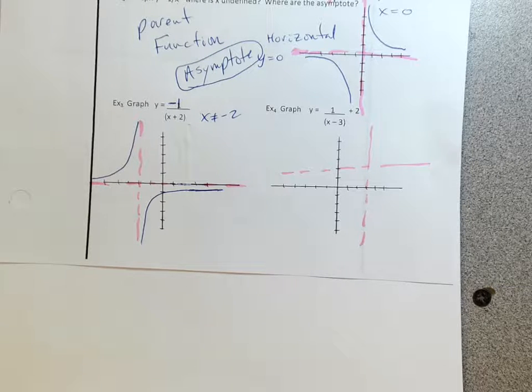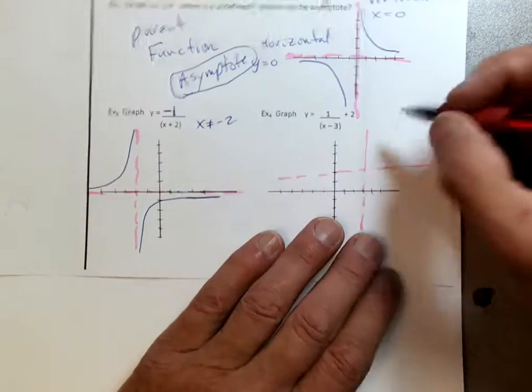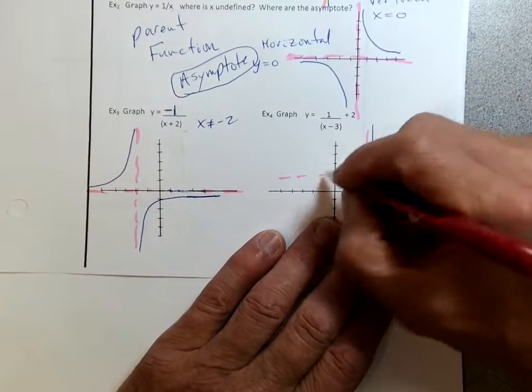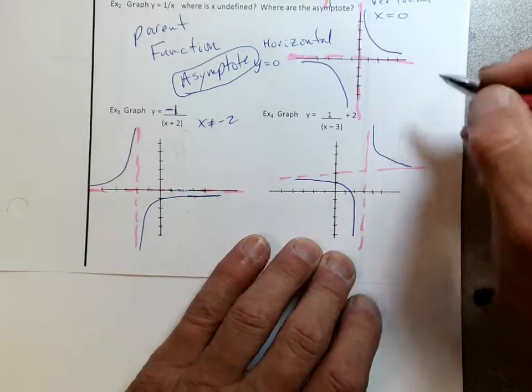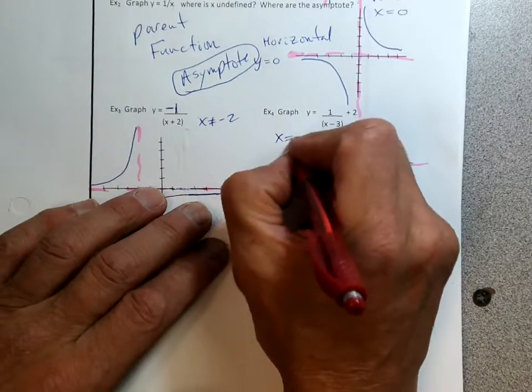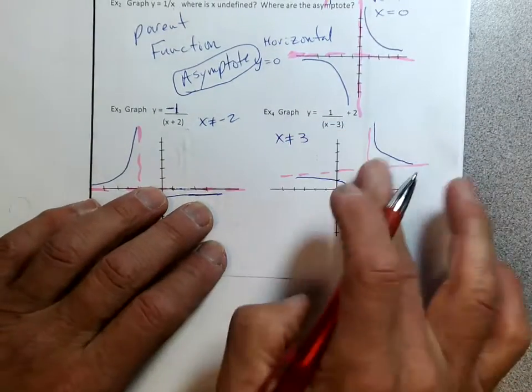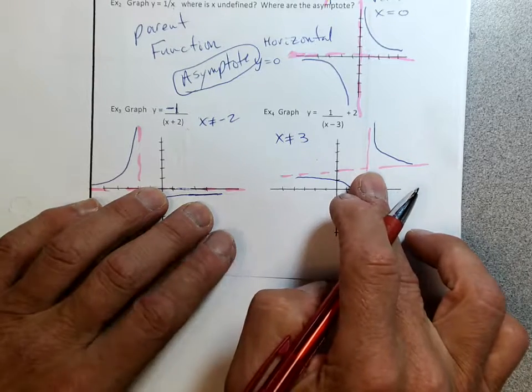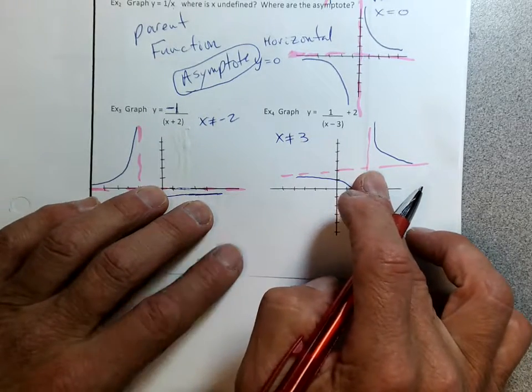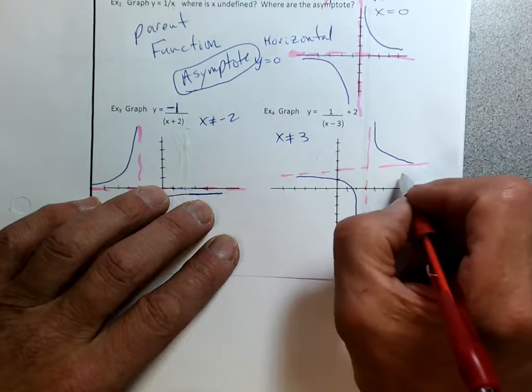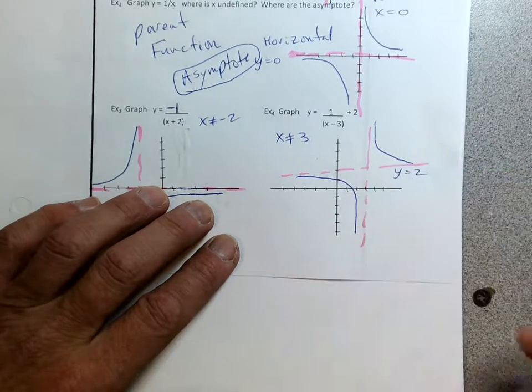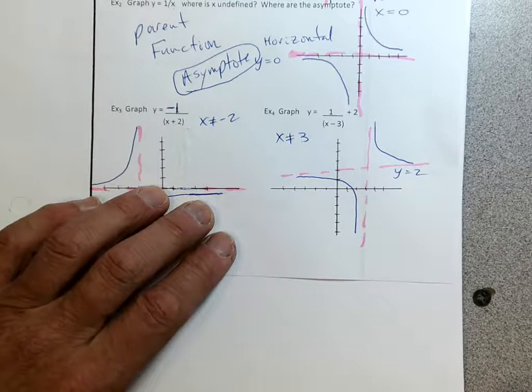Do the dance, and I brought it over. So then I'm going to take my parent function and put it right here. So x cannot equal 3, and that's why I have a vertical asymptote. And I have a horizontal asymptote at y equals 2, don't I? Like the first one.